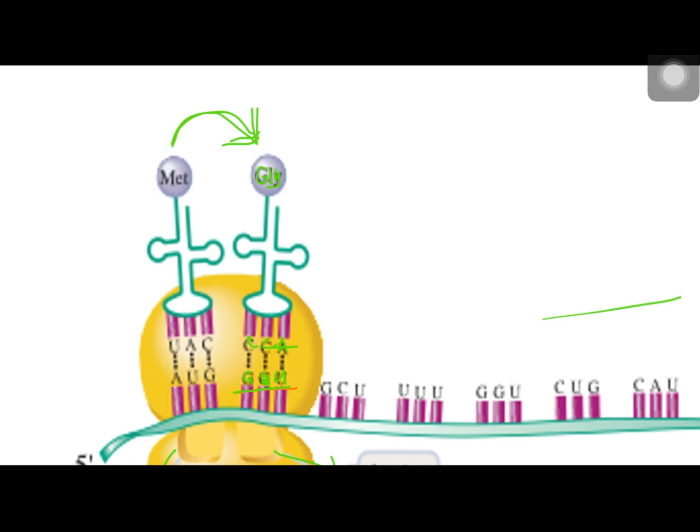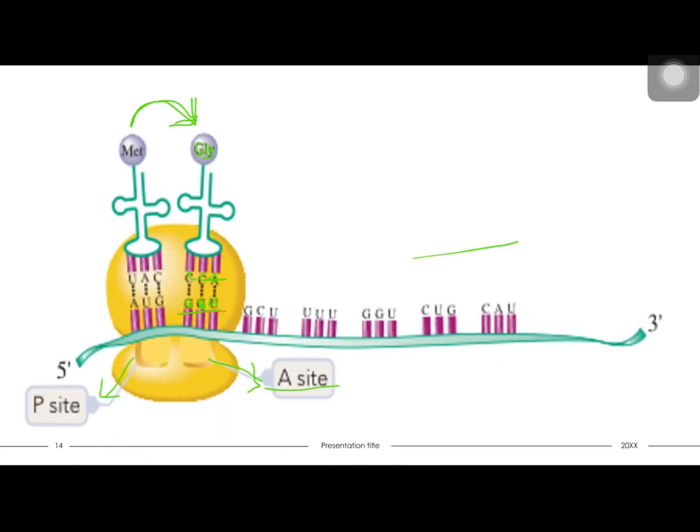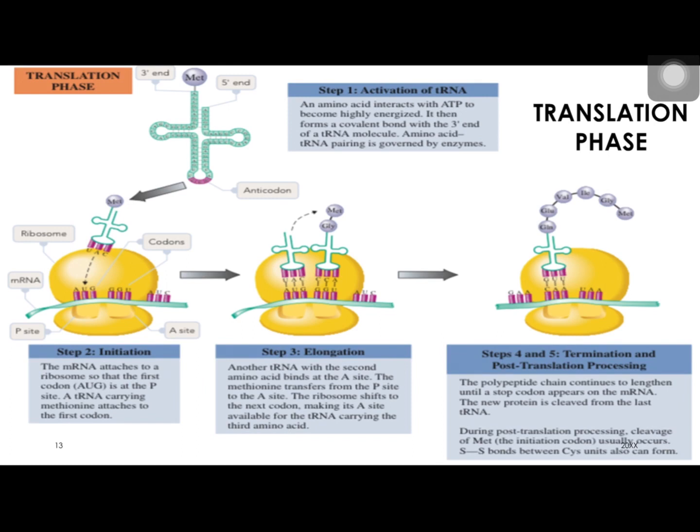Dipeptide because it has two amino acids linked together. Once the methionine has been transferred to the A site, the tRNA in our P site will become empty because the amino acid has already been transferred.